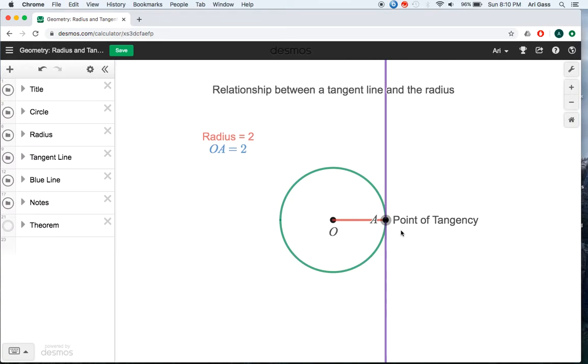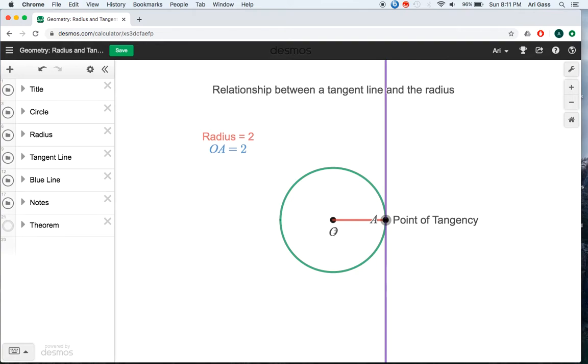And that makes sense because that point of tangency is exactly the point on the line that is also on the circle. So it would have to be a distance 2 away. Now we have to do a little bit of logical thinking here. Does it make sense for a point on the tangent line to be closer than 2 units away from O?